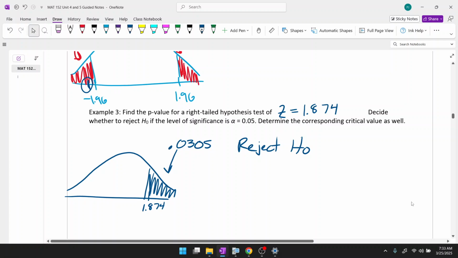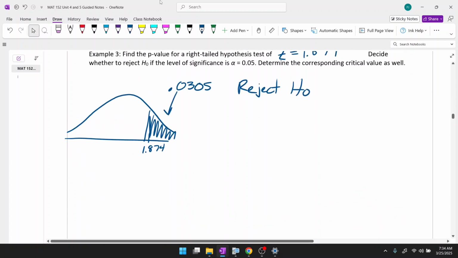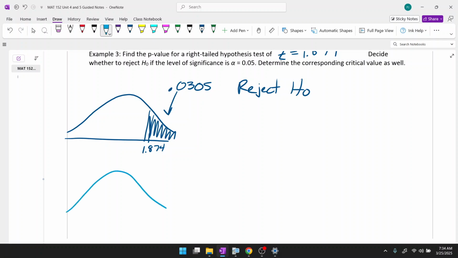Now, the other reason we find the critical value is simple. The reason we'll find the critical value is that it's going to connect directly to your confidence intervals. So here's what you're going to do. If we want this area in the right to be 0.05, this whole area is going to be known as the reject region.